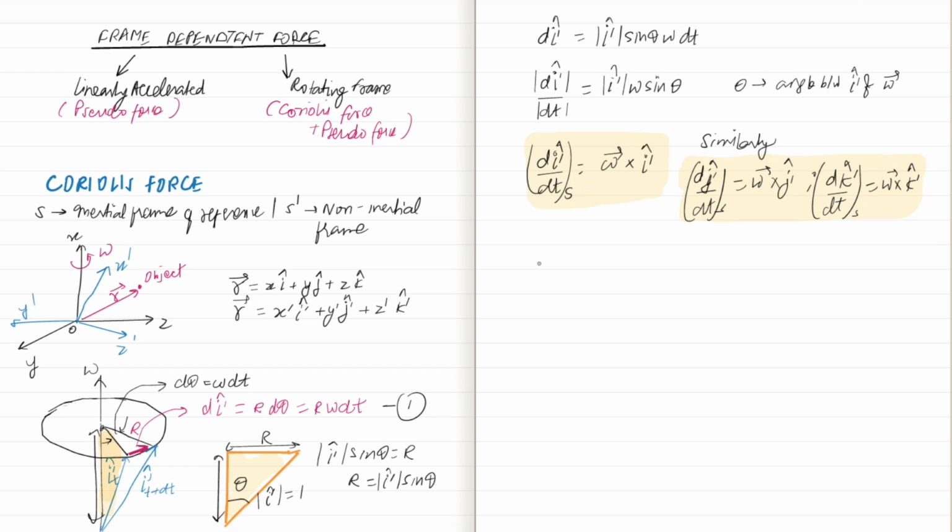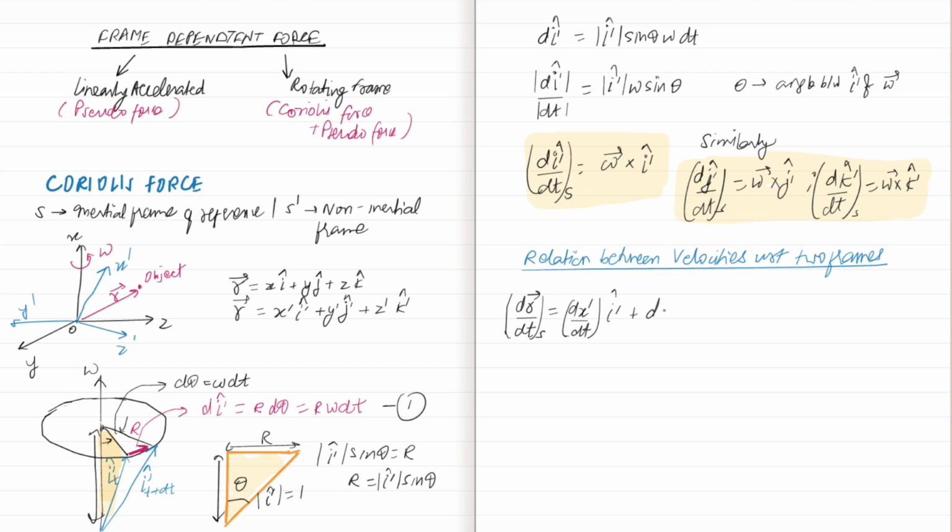Now let's try to get the relation between the velocity of the object with respect to S and with respect to S dash. Here we had r is equal to x dash i dash cap plus y dash j dash cap plus z dash k dash cap. So we can write dr by dt is equal to dx dash by dt into i dash cap plus dy dash by dt into j dash cap plus dz dash by dt k dash cap.